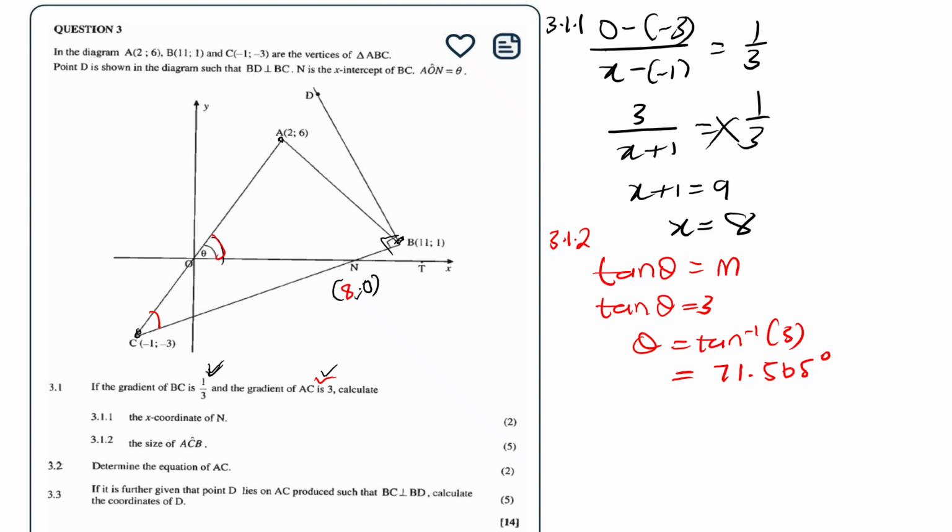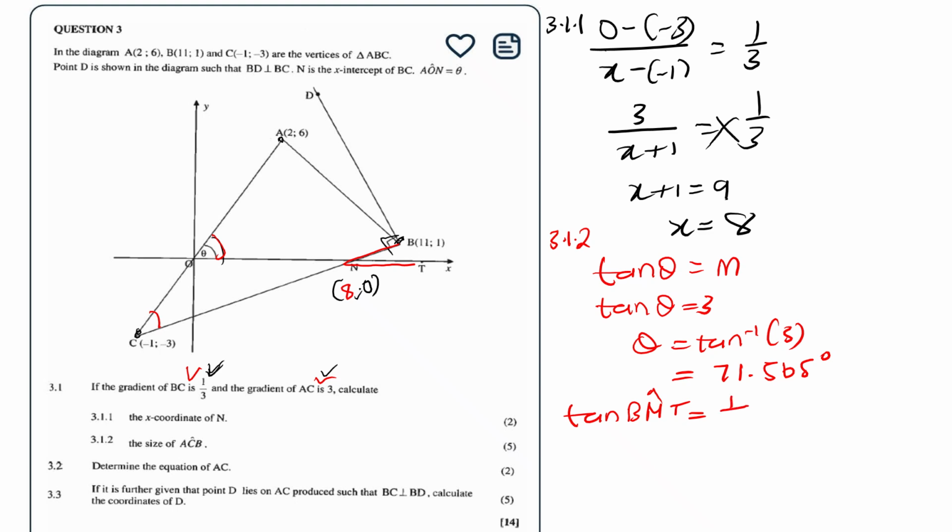Therefore, our theta is equal to 71.565 degrees. Now let's work out the angle B-N-T. We know the gradient of BC, therefore tan of angle BNT is equal to the gradient of BC, which is 1/3.